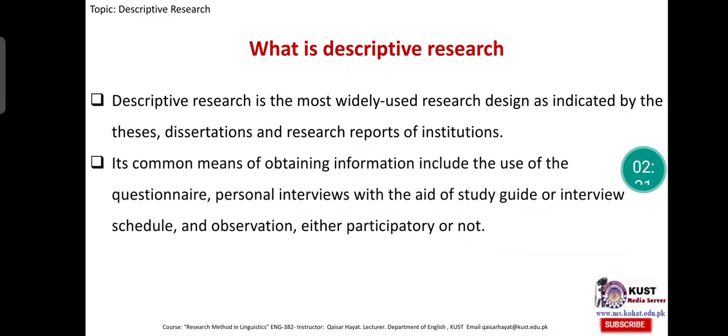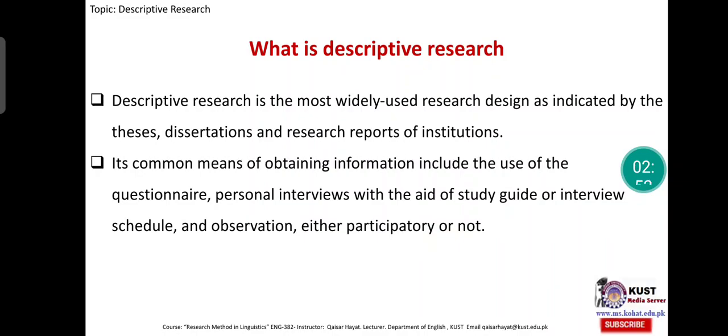Another point of the definition says that its common means of obtaining information include the use of questionnaires, personal interviews with the aid of study guides or interview schedules, and observations, either participatory or not.